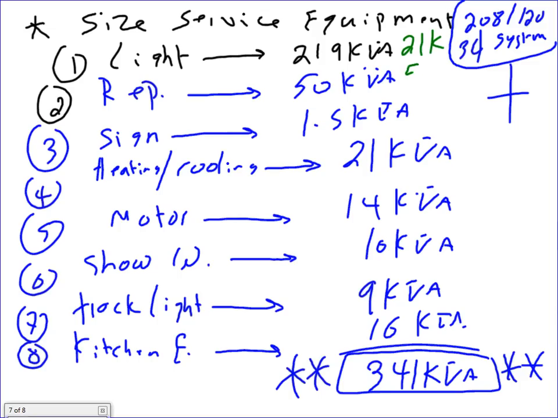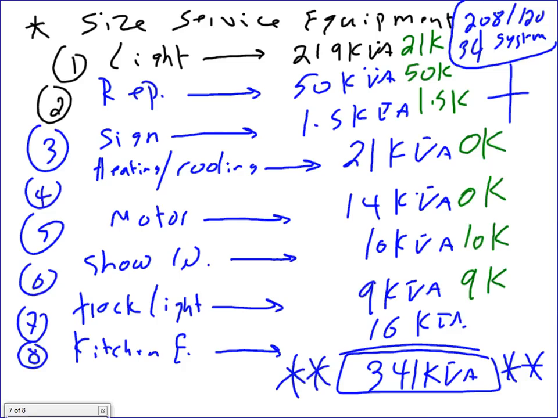I have 50 K, 1.5 K, heating and cooling 0 K, motors 0 K, show window 10 K, and 9 K, and 16 K. Can you guys give me the adding? This is for the neutral.